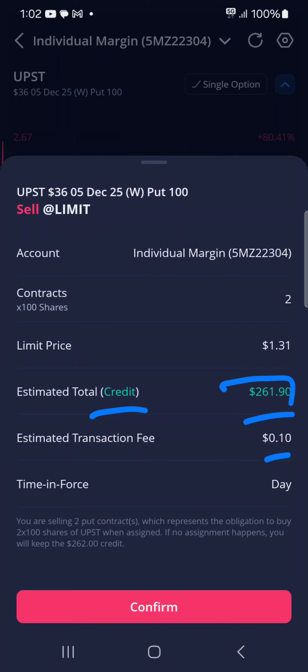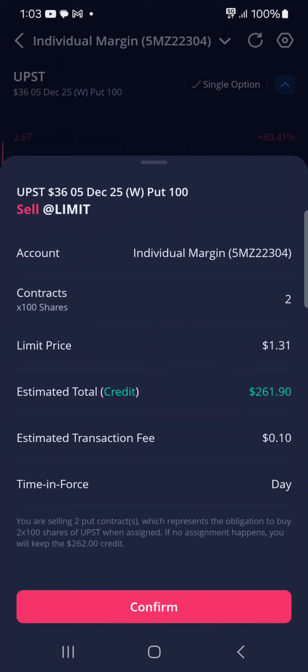You get the money, you keep that money, you have nothing to lose. You keep the money, you keep doing it over and over again. You can buy another one or whatever, you do whatever you want with the money.